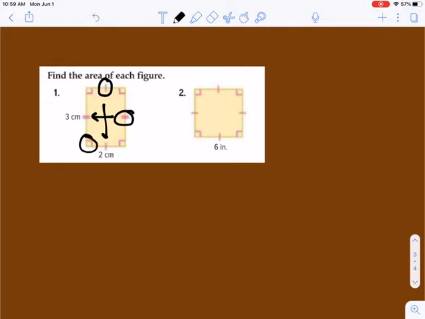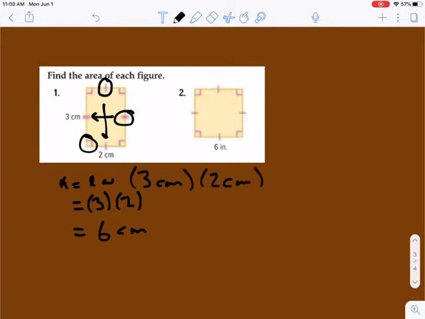So to find the area, I would just do the length times width, which is going to be equal to 3 times 2. And 3 times 2, last time I checked, was 6, and it's centimeters squared. The reason it's centimeters squared is because it's 3 centimeters times 2 centimeters.